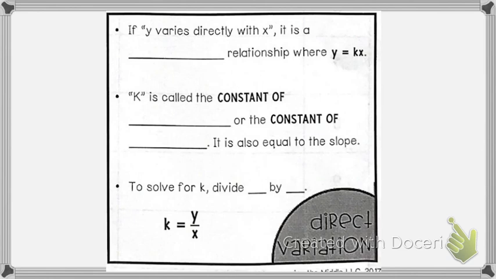Let's go ahead and look at direct variation. We didn't really talk about this, or we did talk about it, but it wasn't that much. It relates to proportional relationships. So we always look for the term: if y varies directly with x, that is called proportional, right?